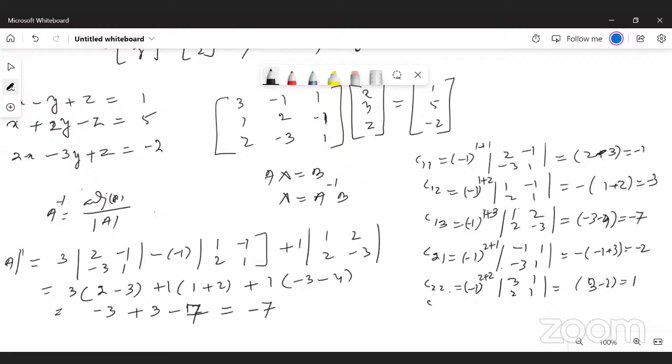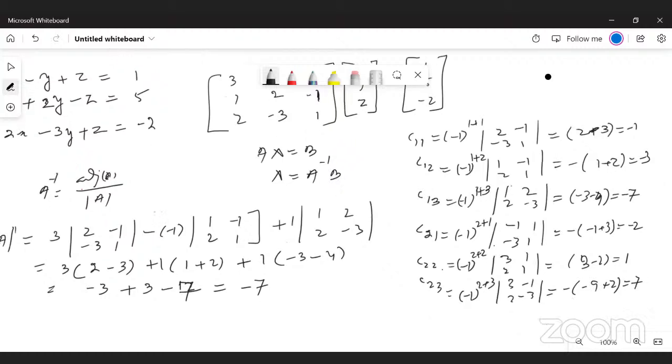Then C23, second row third column: 3 minus 1, then 2 minus 3. So it becomes -9, then plus 2, then it is +7.